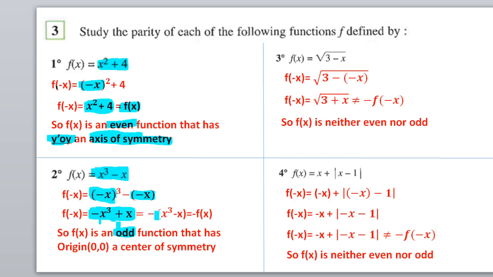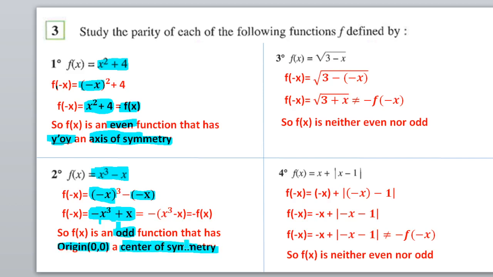Okay. Otherwise بيكون شيء تاني. So minus open bracket x cube minus x، فينا ناخذ الماينس as common بس شو بصير جوا إذا أنا أخذت الماينس common يعني عملت لها factorize فبصير x cube جوا minus x. So it's equal minus f of x. Okay. فإذا هو odd function وبيكون الأوريجين هو center of symmetry.